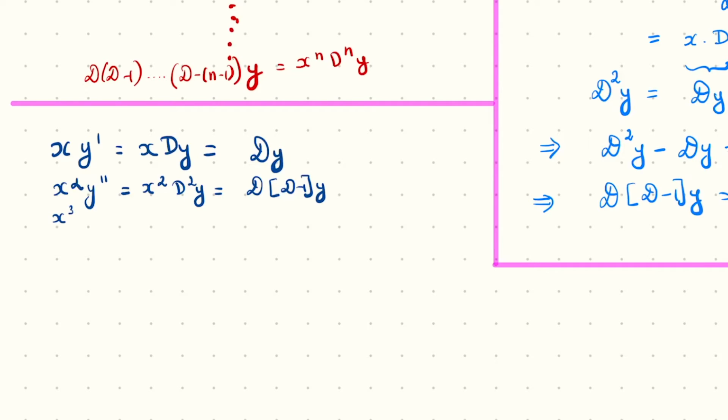This x cubed y triple prime is x cubed regular d cubed y, which is going to be script d, script d minus 1, script d minus 2 of y.